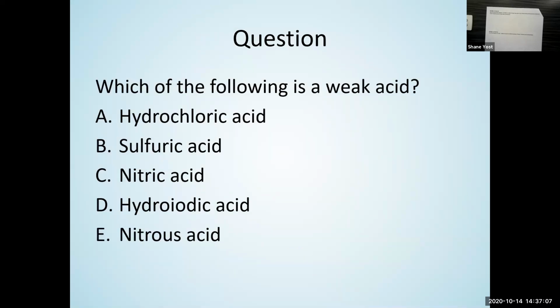All right, so which of the following is a weak acid? Hydrochloric acid, sulfuric acid, nitric acid, hydroiodic acid, or nitrous acid?